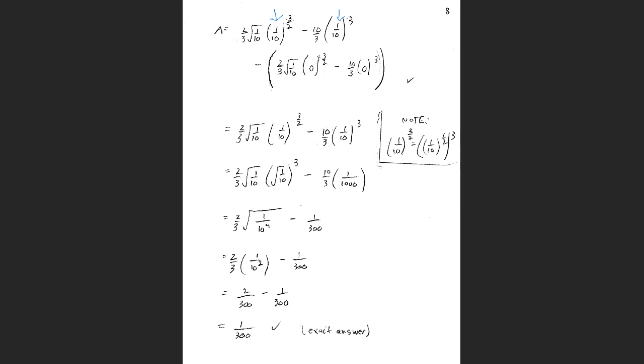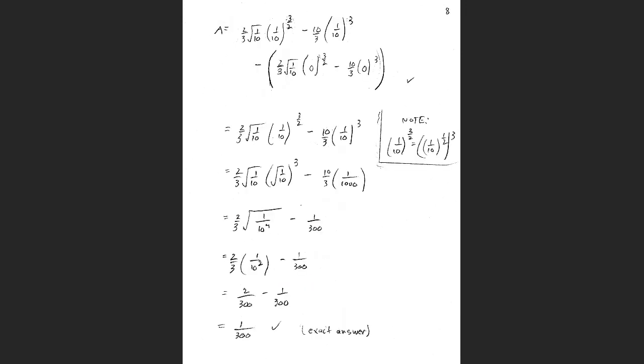I put that in. So again, my function, right? I have to put in 1/10 in this entire function here, and then I have to put in 0. So here is putting in the 1/10 in the function, and here I'm putting in the 0 in the function, and then subtracting.